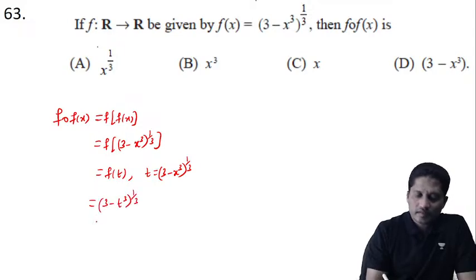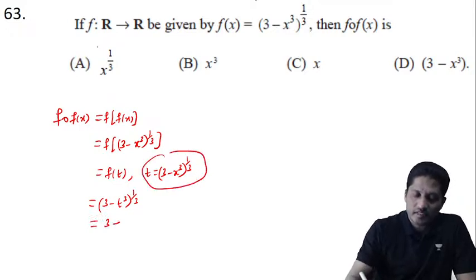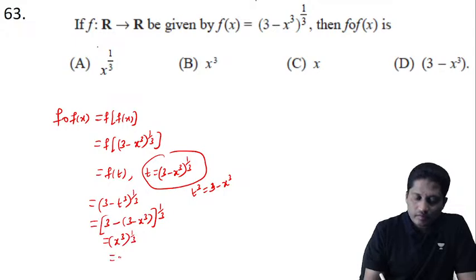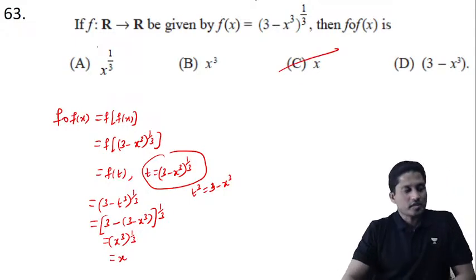If I cube both sides, t cube is equal to 3 minus x cube. So 3 minus (3 minus x cube), whole to the power of 1 by 3. If you open the bracket, you get x cube whole to the power of 1 by 3, which is equal to x only. Answer is option C.